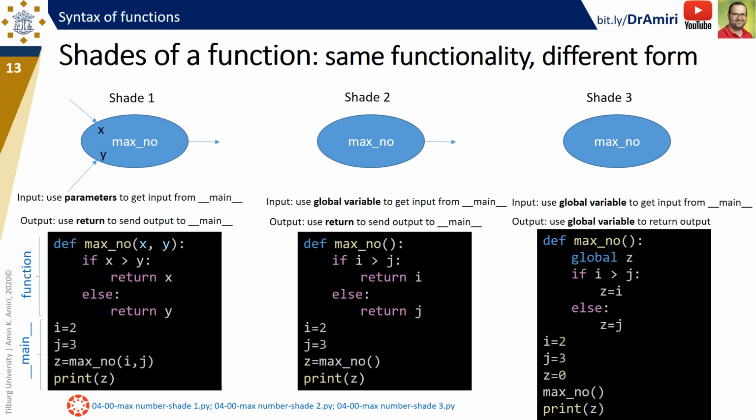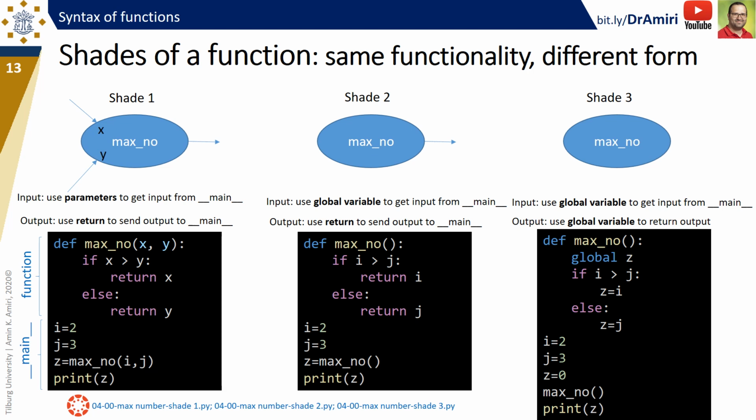In the body of the function, I start with global z, which means that z is the variable that is already created in the main program, and I put the greater number into z. I set z to have the greater number.